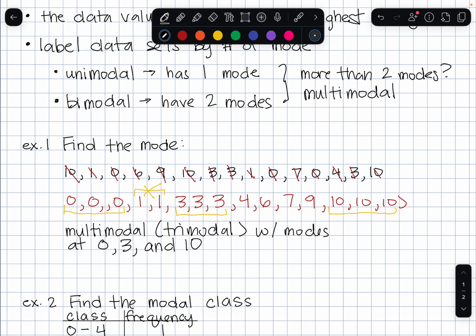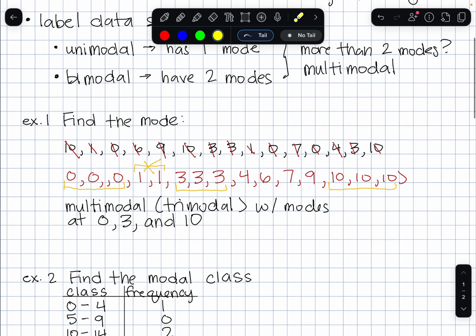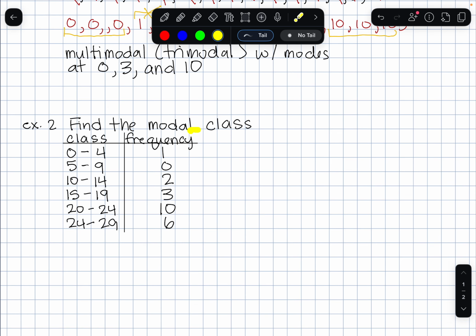More often than not, we're going to have raw data like we have here in a list, either sorted or unsorted. Sometimes, particularly when I'm reading somebody else's work, I might be given the raw data in a frequency table, meaning somebody already grouped those numbers together into classes. And in that case, I can't find the mode, but I can find the modal class, which is the class with the biggest frequency.